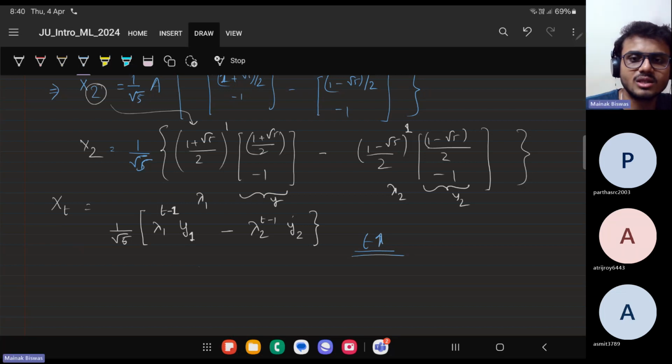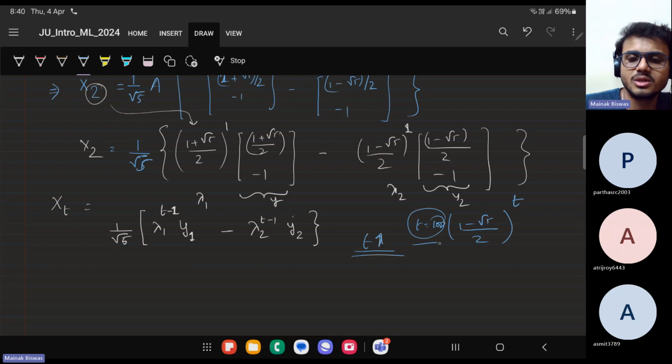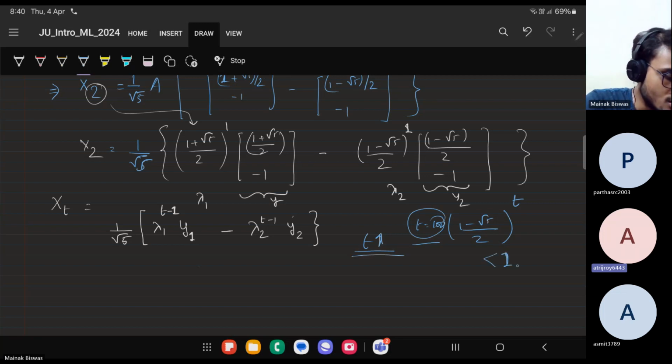Use some common sense and tell me. 1 minus root 5 by 2 to the power t. Say t is equal to 100. What will happen to this term? The first part will increase, lambda 1, because that is greater than 1, and lambda 2 is less than 1, so it will decrease and go to 0.